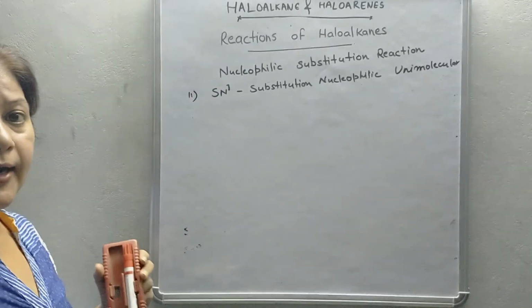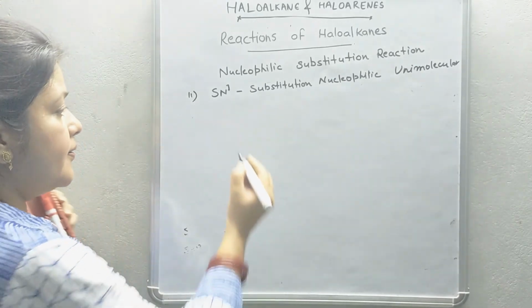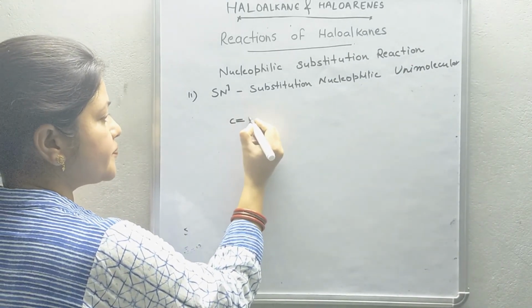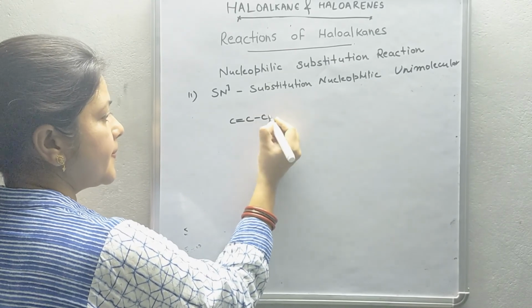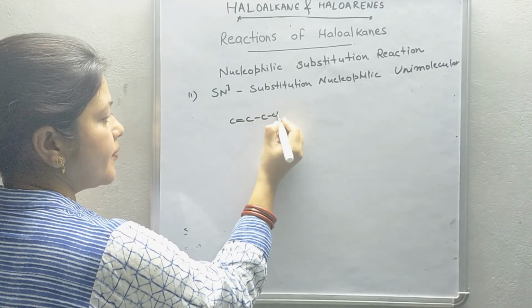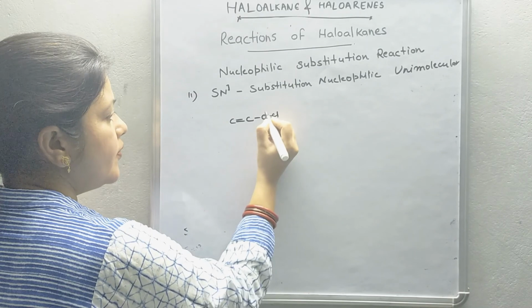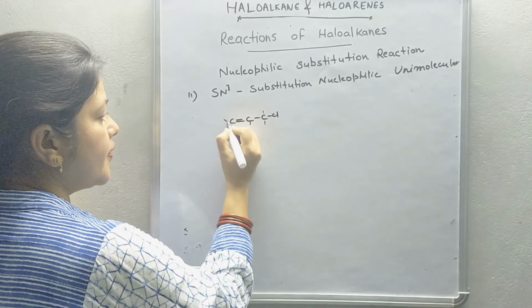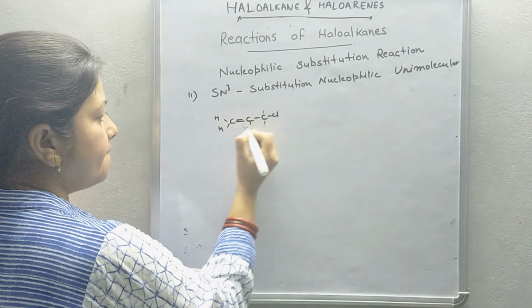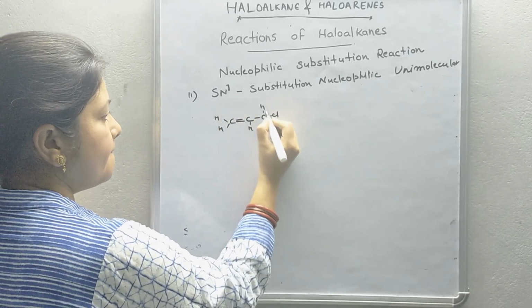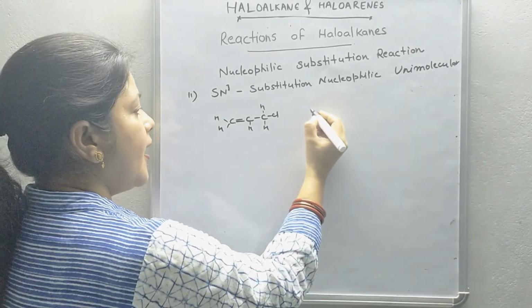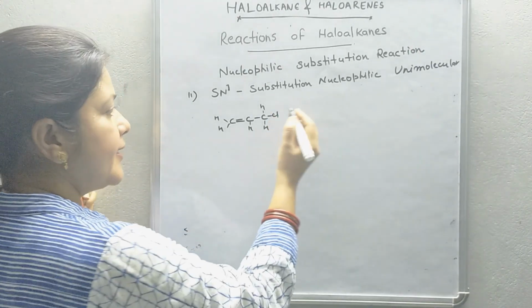The aryl halide, for example, we take propene chloride. This is propyl chloride and the carbocation is formed.